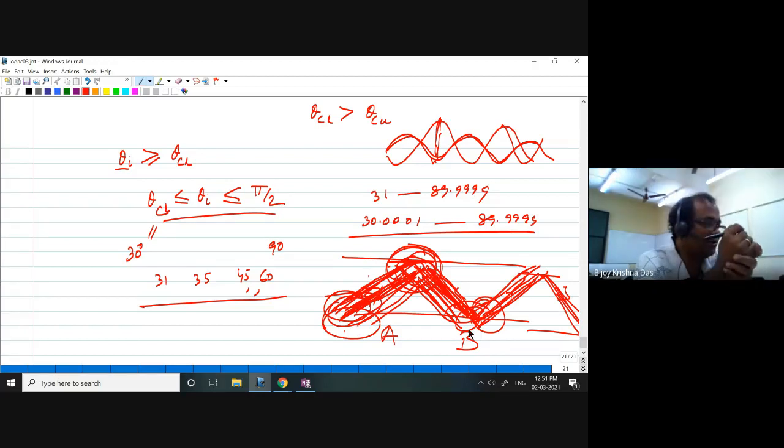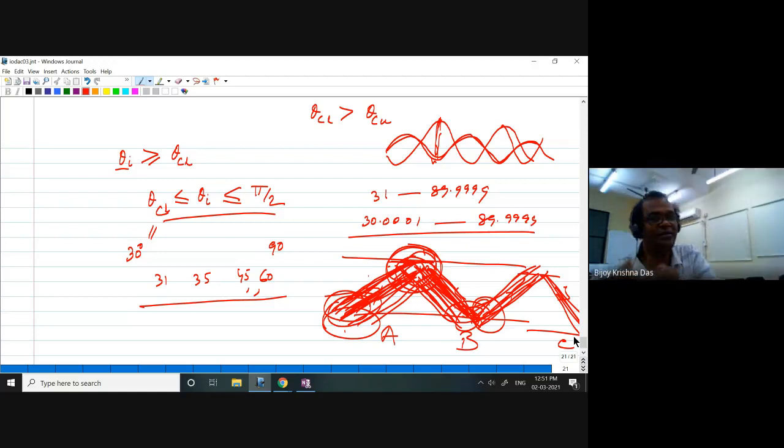They are identical. If A and B are identical, the next reflection point on the lower boundary is C, and if we consider C, it will also be identical. That means it can maintain the consistency, and that consistency is required for guidance.